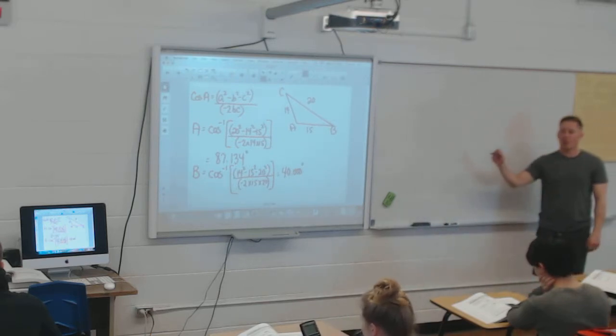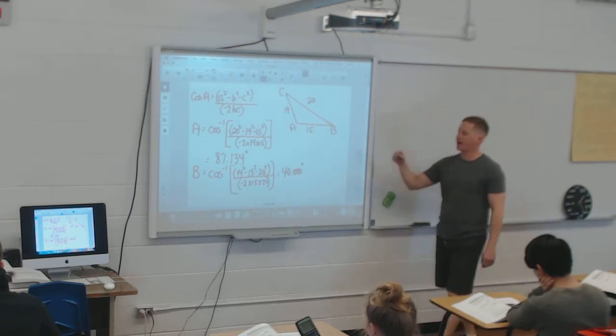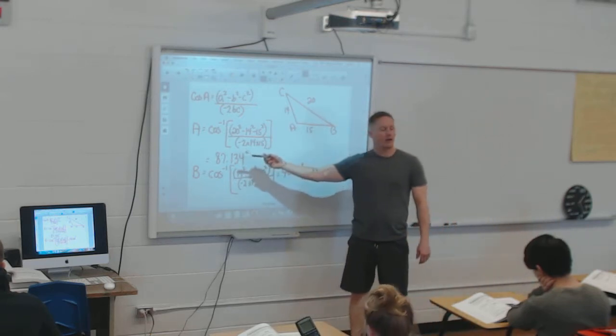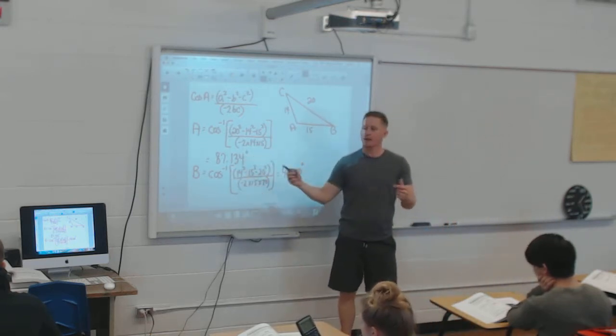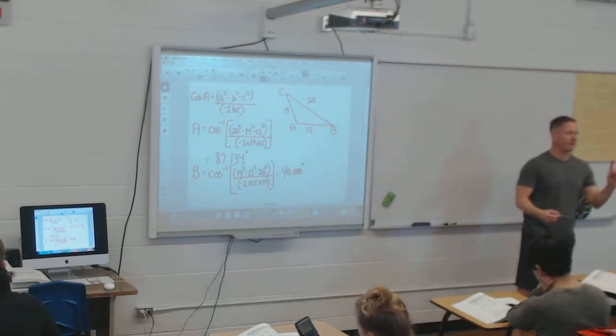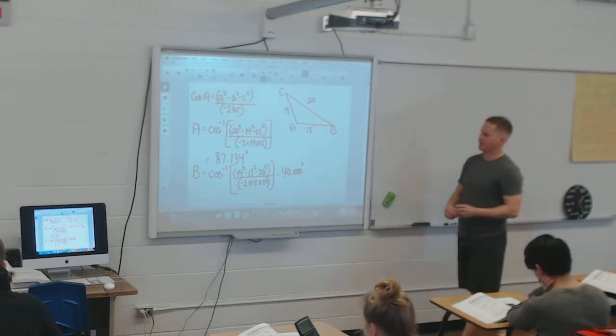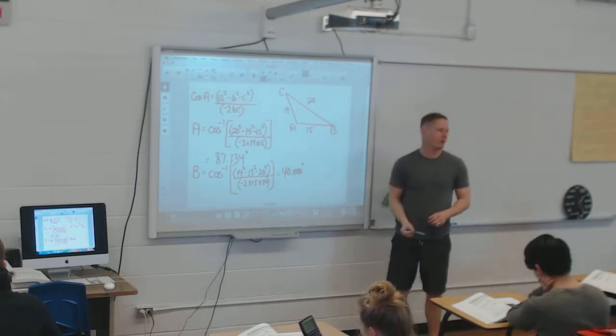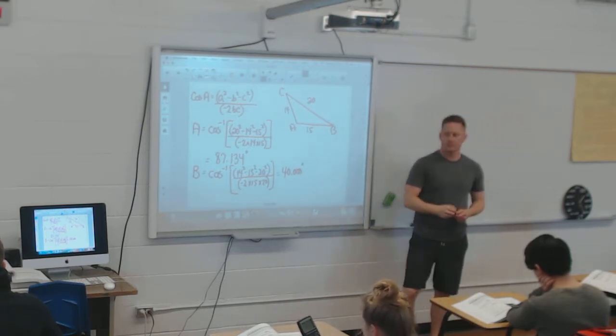Again, at this point, once I have this first angle here, I could, in theory, use my law of sines, as long as I have one angle. All right? But I'm just working on the law of cosines just for practice. Okay?